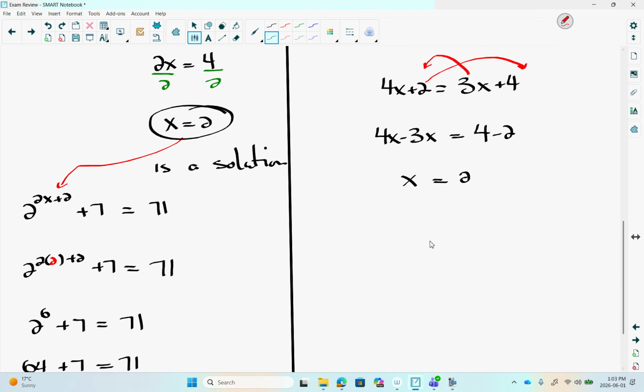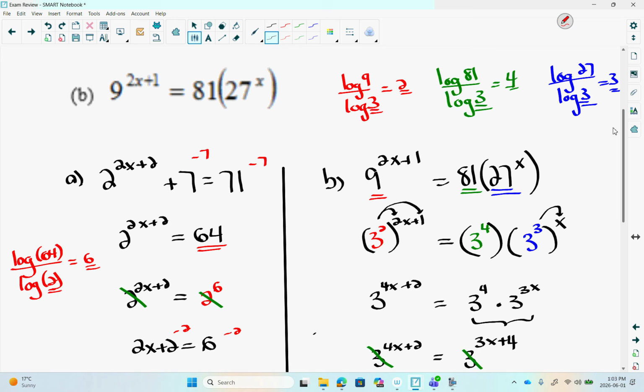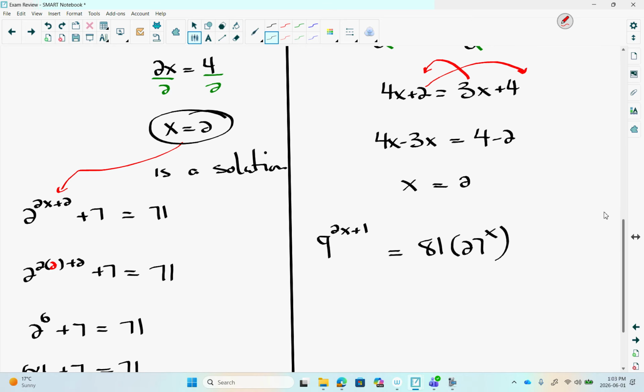Then I go back to the original. 9 to the power of 2x plus 1 equals, it was 81 times 27 to the power of x. Yes? That's what the original question said. And here's what we'll do.